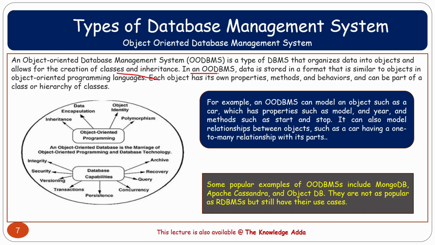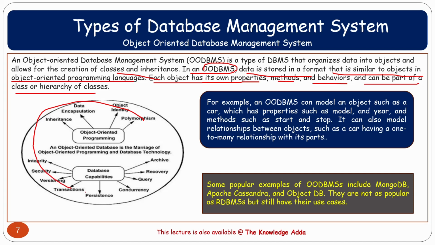In an object-oriented database management system, data is stored in a format that is similar to objects in an object-oriented programming language. So an object has its own properties, methods, and behavior, and can be part of a class or hierarchy of classes. So basically this type of database management system follows all the rules of object-oriented programming.